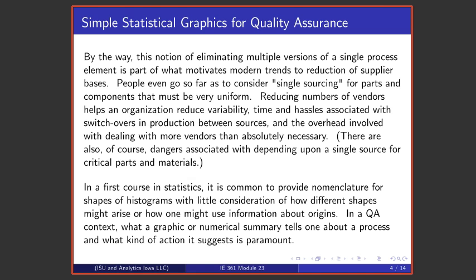If you take that idea to its extremes, people will even sometimes talk about doing single sourcing for parts, components that need to be very uniform. The idea is that if I have two suppliers, they can't possibly be doing exactly the same thing, and there will be more variation in parts that come from A and B than there would be from A alone or from B alone.